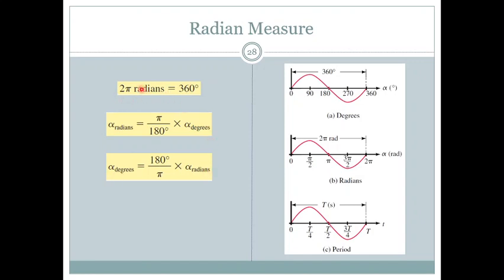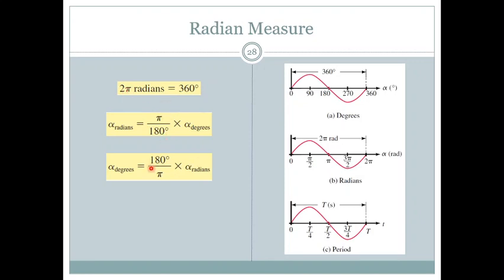Now from this equation, 2 pi radians is equal to 360 degrees, so pi radians is equal to 180, right? That is the relationship used in here. Whatever the angle in degrees is, it has to be divided by 180 and multiplied by pi, or divided by 360 and multiplied by 2 pi.